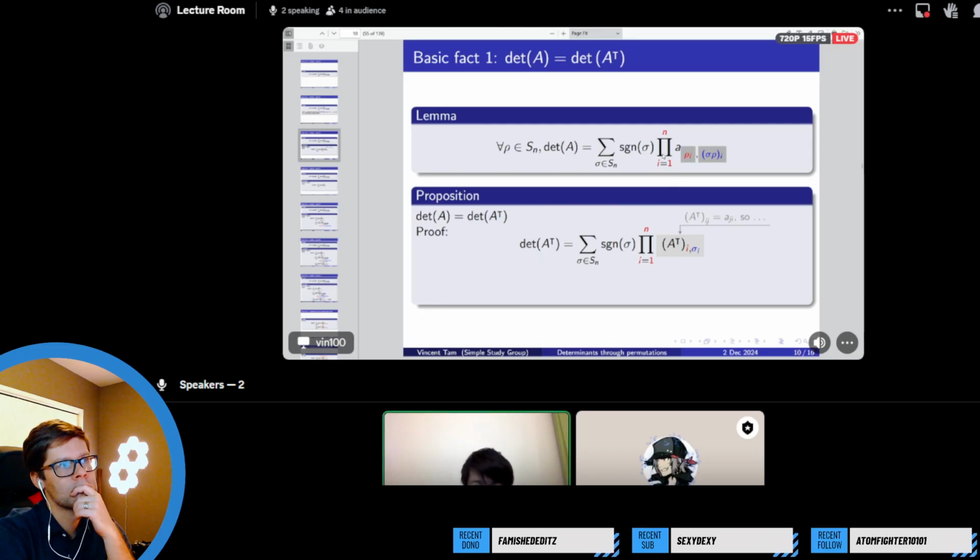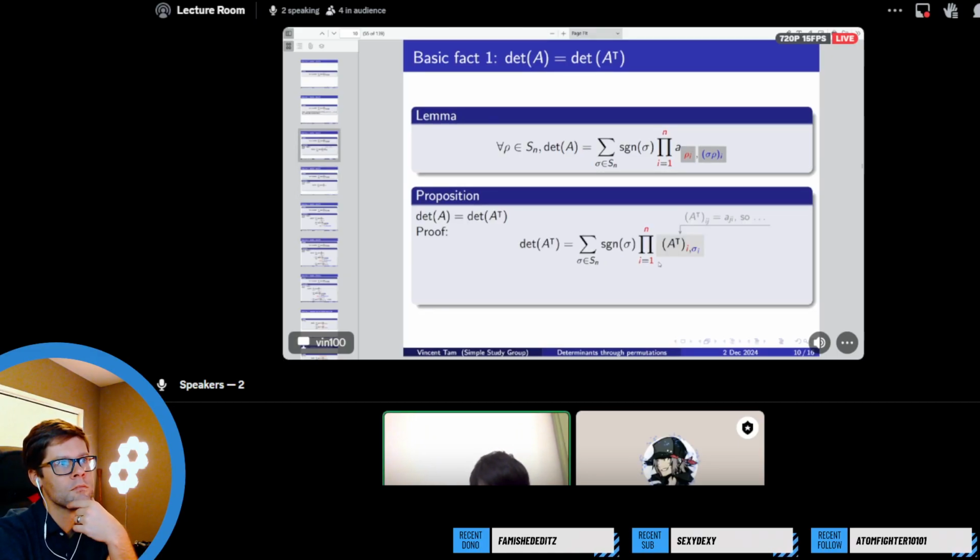But it turns out that it's not that relevant to the proposition itself. Anyways, it provides you some tools to operate with this definition. And the proof here is basic.